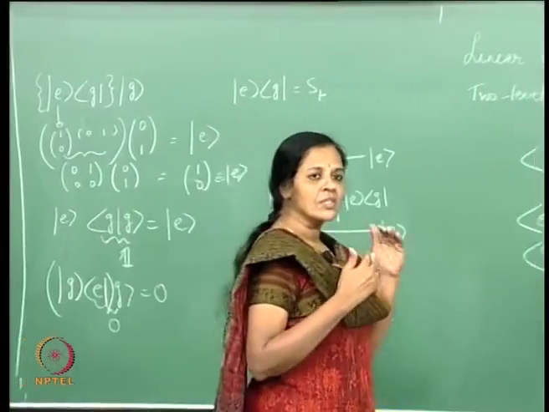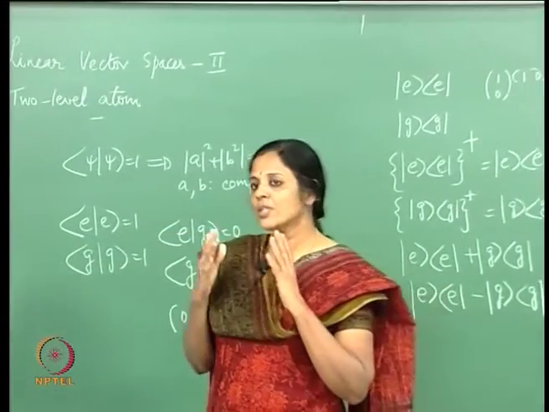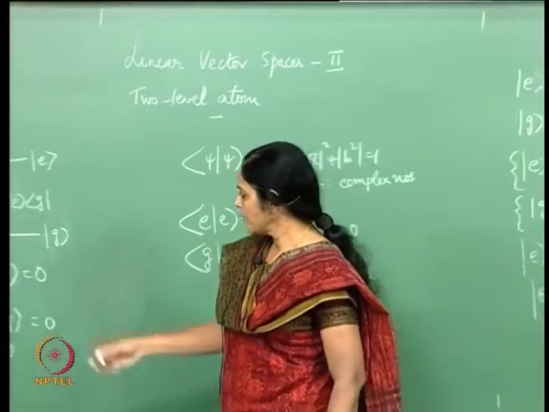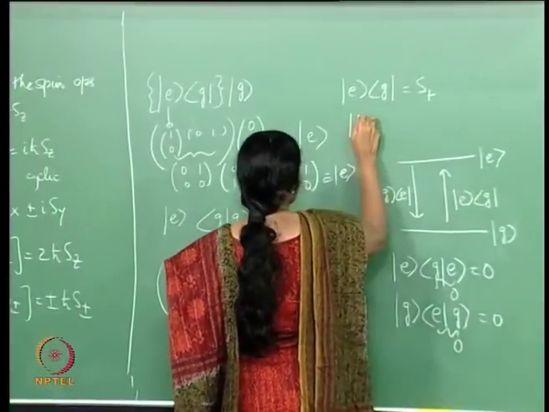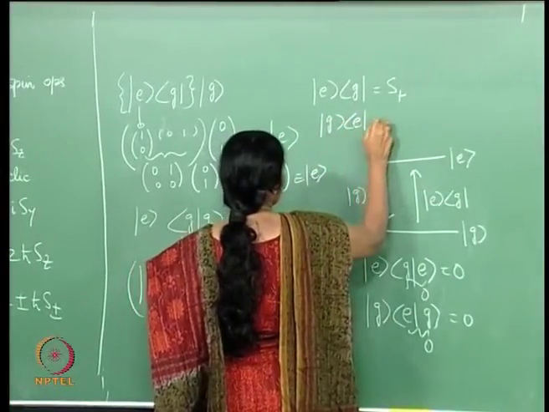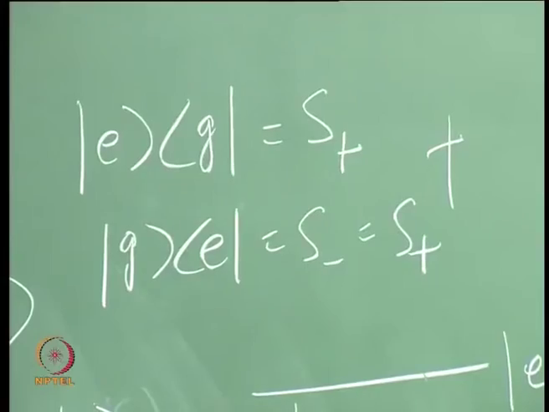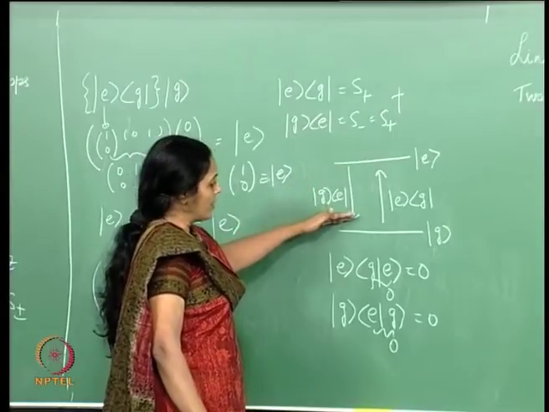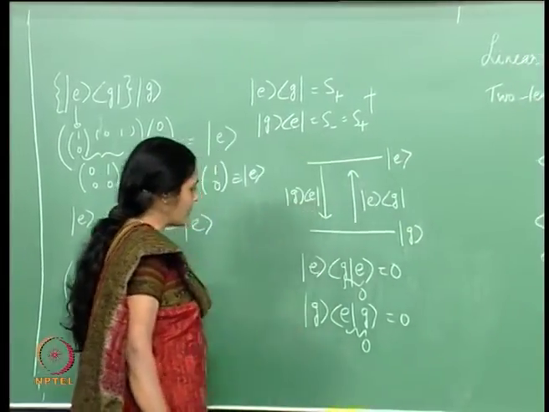So I have this two-level atomic system where I have formed two operators, non-Hermitian operators, but which are Hermitian conjugates of each other. So S minus is the Hermitian conjugate of S plus, and this is the role of these operators, to raise a state or to lower the state.